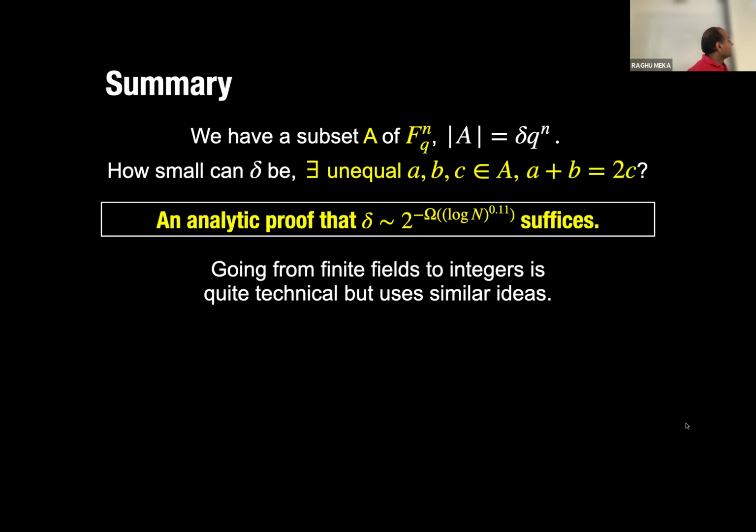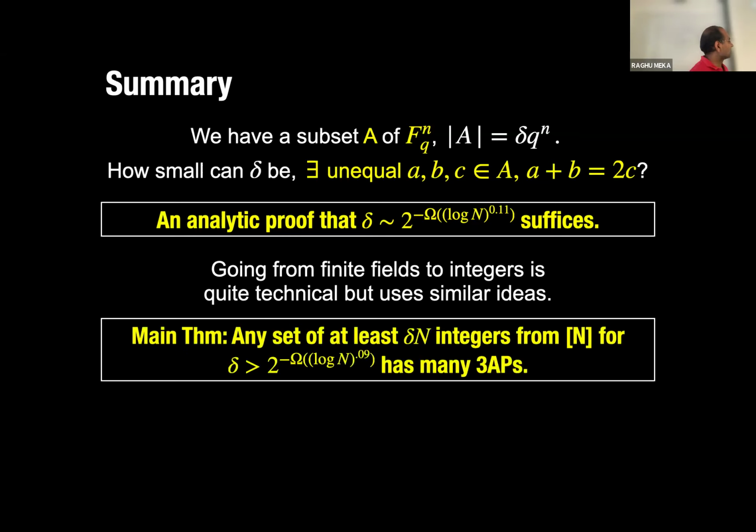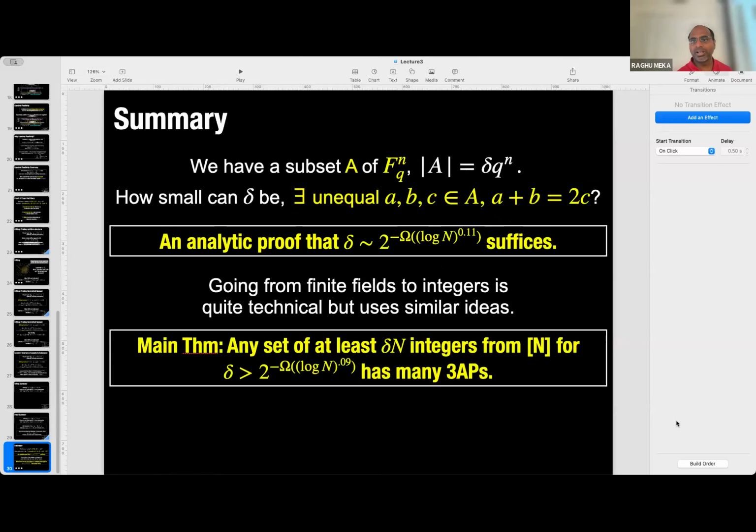You have to work with things which look like subspaces if you squint very hard, and that's what you work with. And if you use that, you end up with this result that any set which has this much density has many. Okay. All right. So that's the only thing that I wanted to say about this.